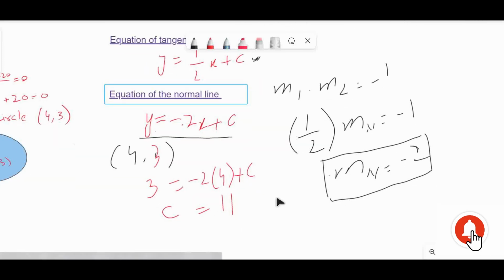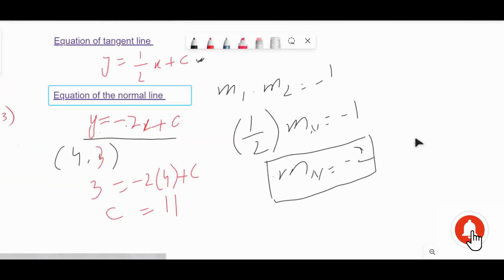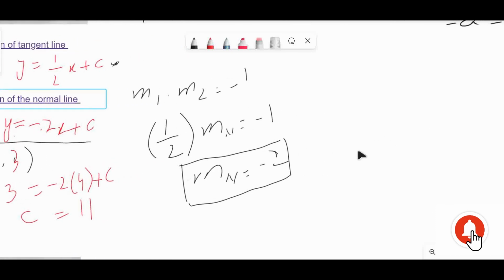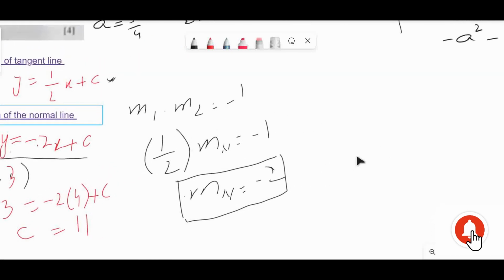So now the equation of the normal line is y equals minus 2x plus 11. Let me write it over here.